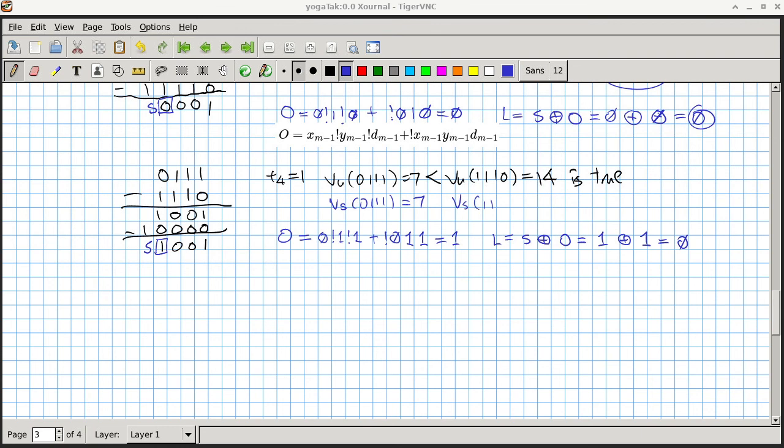Vs of 1, 1, 1, 0, on the other hand, is 2 plus 4 minus 8, right? Because we have 2 plus 4 but we have to remember that we are subtracting the 8 represented by bit 3. So what would that be? 2 plus 4 is a 6. 6 minus 8 is negative 2. Very good. And we are asking, is the minuend, which is 7, less than the subtrahend, which is negative 2? I don't think so. We say this is false.